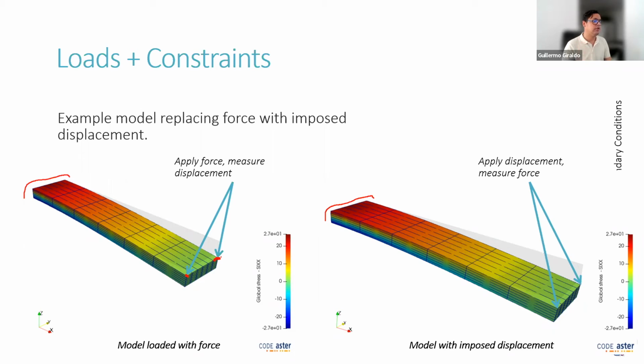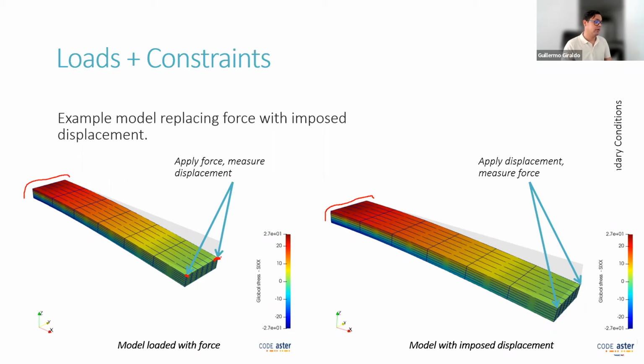So let's switch the boundary conditions that I am applying, and maybe I can replace this force with an imposed displacement, which will control the deformations, right? Because I'm imposing the displacement, I won't get the divergence. And then what I will do to know the force is to measure the force.